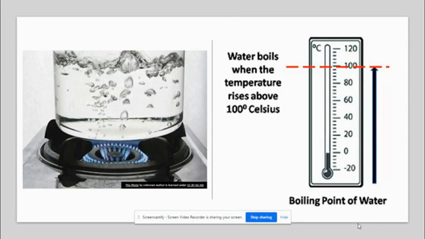So water boils when the temperature rises above 100 degrees Celsius, okay? So once it reaches 100 degrees, you'll start to see a physical change. You'll start to see the bubbles, and those bubbles are actually pockets of vapor, and they are what allows the vapor to rise into the air, okay?